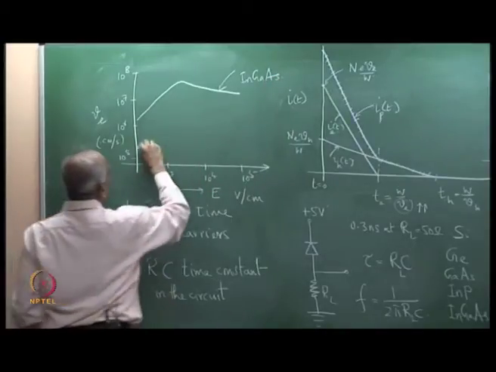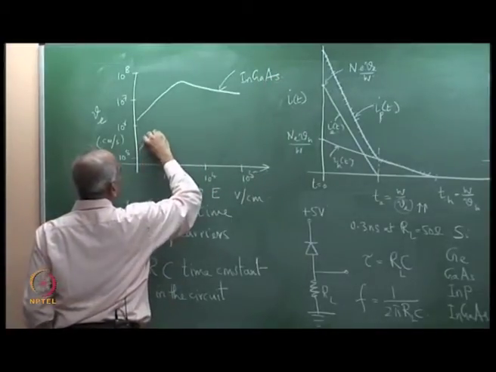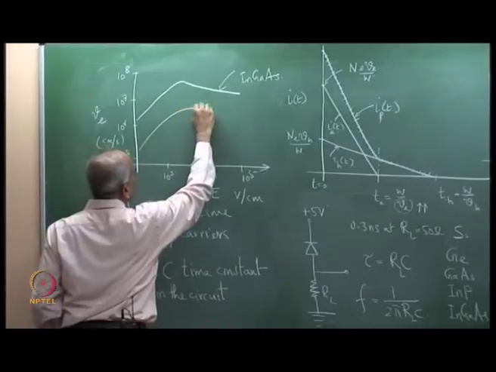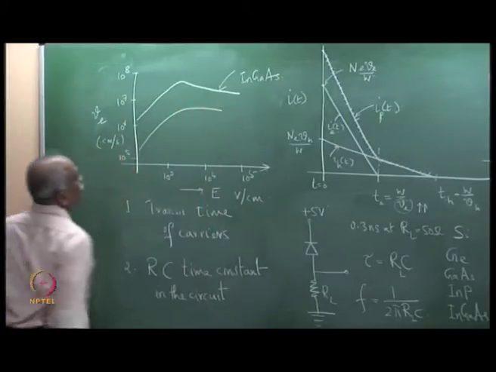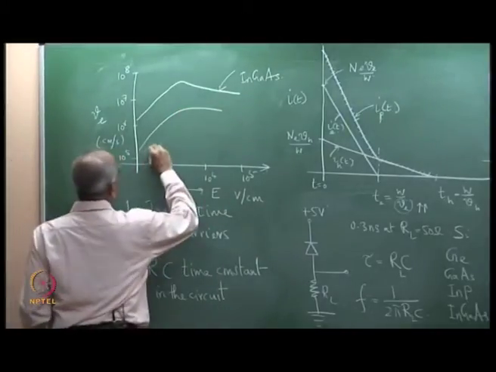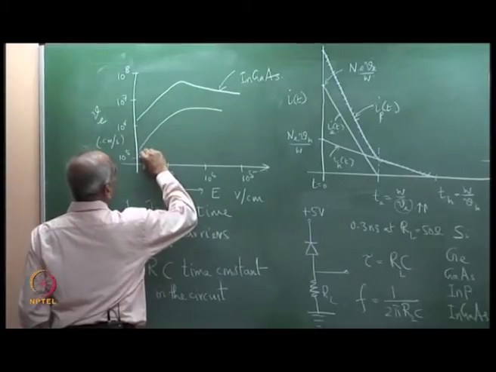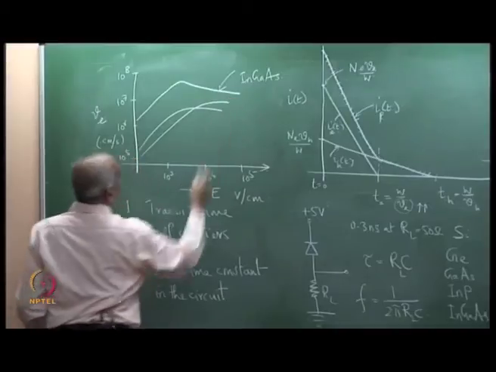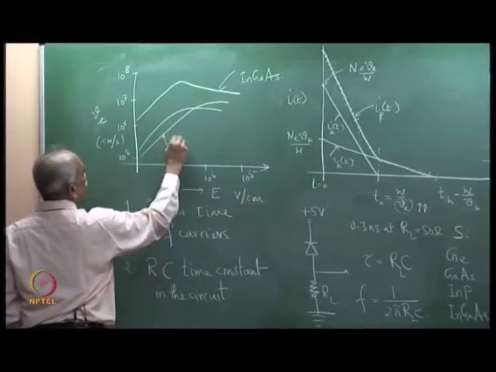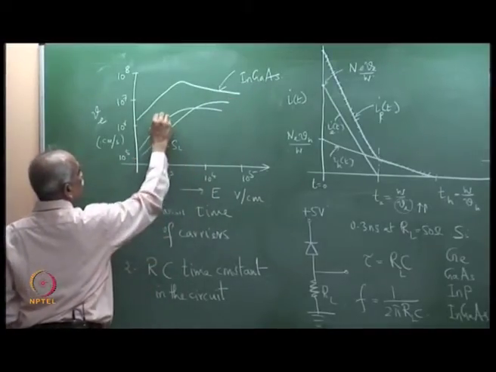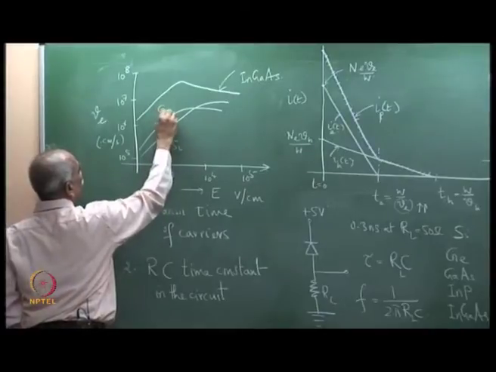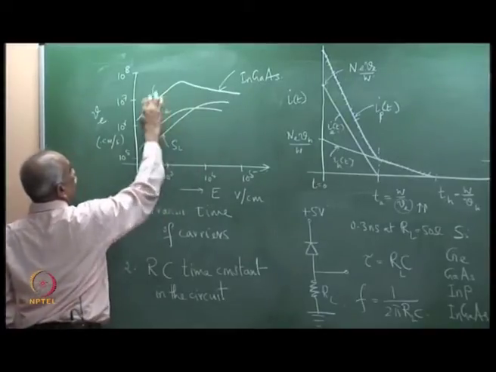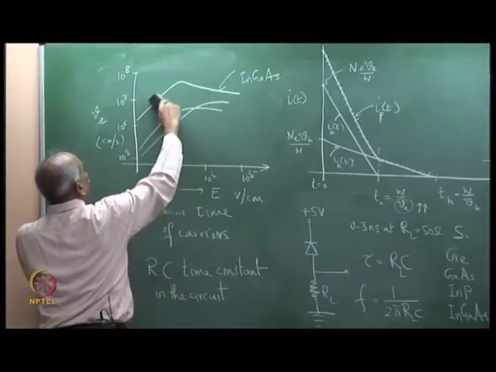If you take germanium, it goes from here and then something like this. If you take silicon, then so this is for silicon, this is for germanium, and this is for, I have already written, indium gallium arsenide.